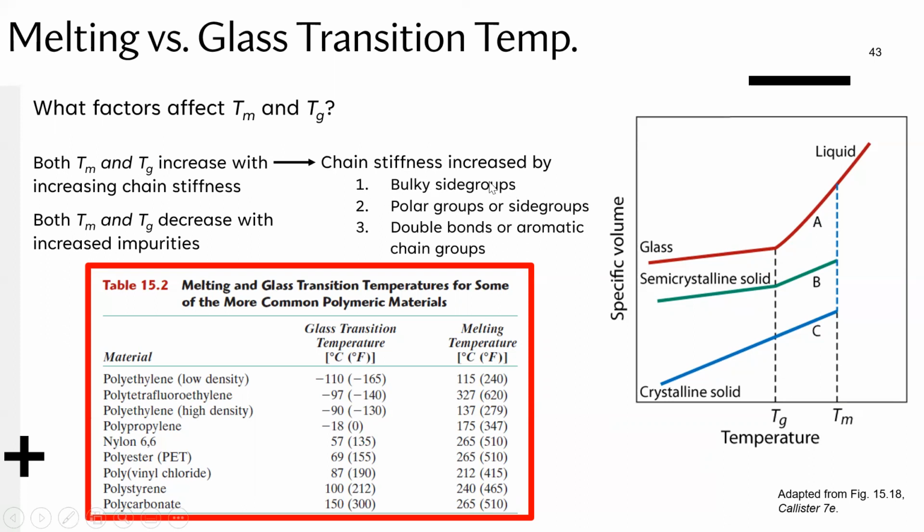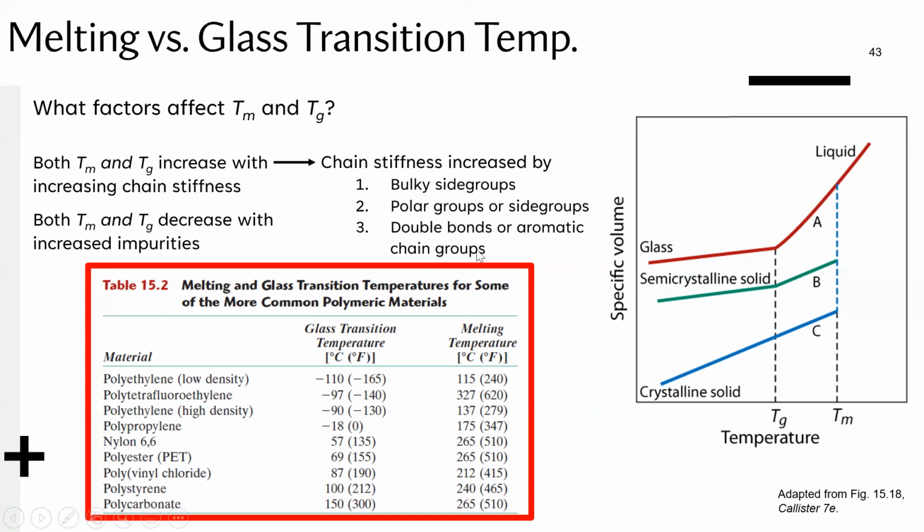You remember how replacing a hydrogen with a larger side group, a CH3 or even a ring, could actually significantly influence its mobility and could affect its ability to move and rotate around that bond. Similarly, adding polar groups and side groups that interact with each other and enforce these basically magnetic force fields onto each other can also reduce the mobility.